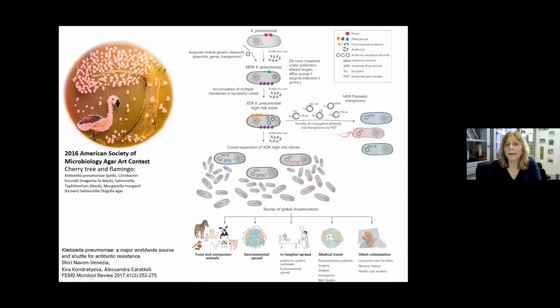This is therefore the evolution of this Klebsiella, starting with efflux pumps modifications and altered targets sometimes. It evolved to XDR by acquisition of plasmids. And these plasmids are not just for itself, but they can be transferred to other bacteria. There is an interplay between strains.